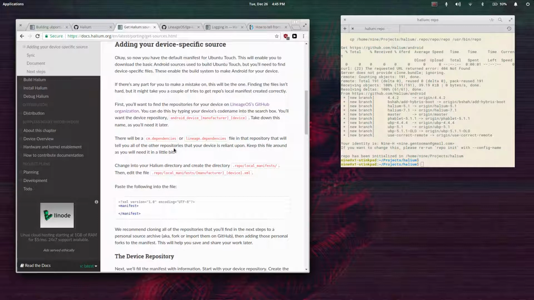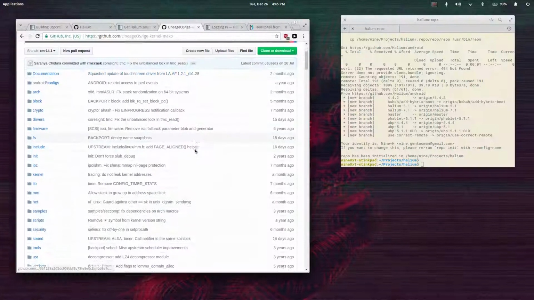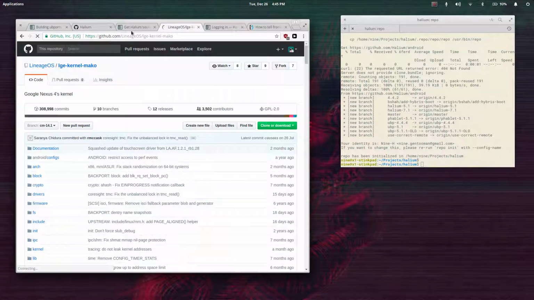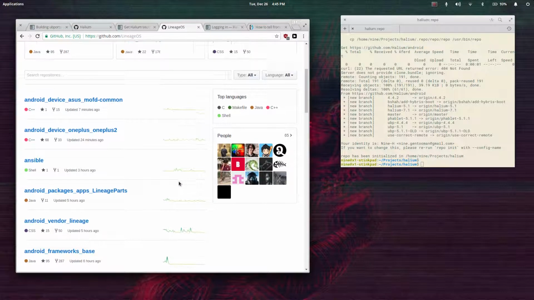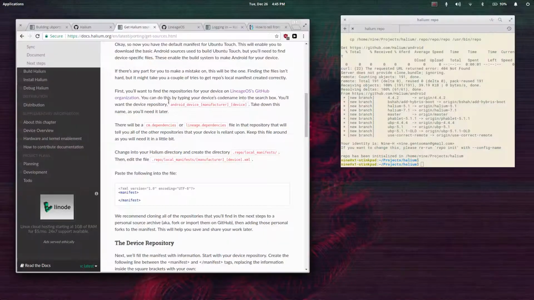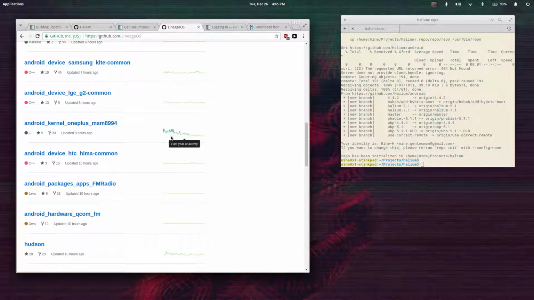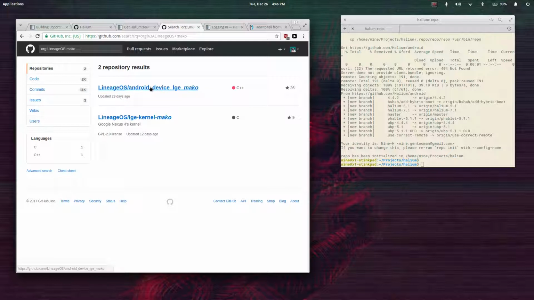Now, the tool that I'm going to be using, Android device LGE Macro.